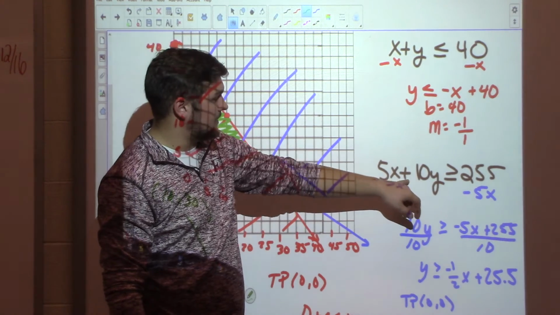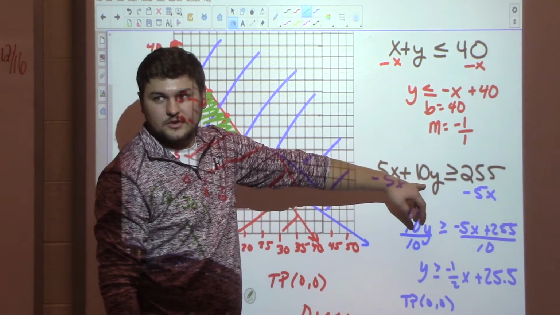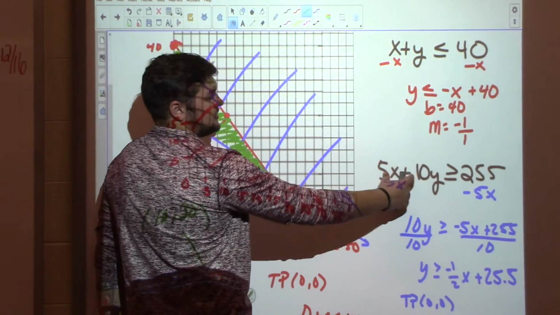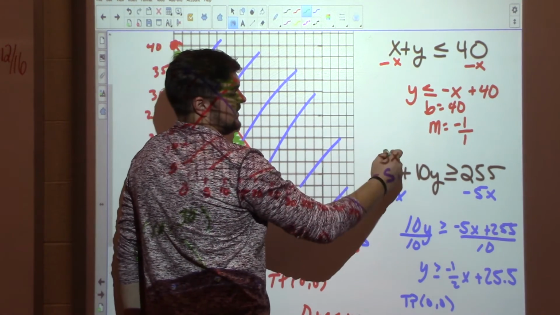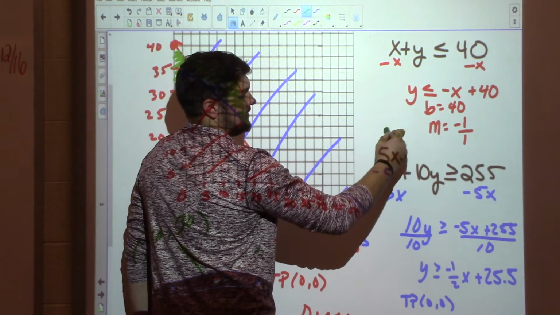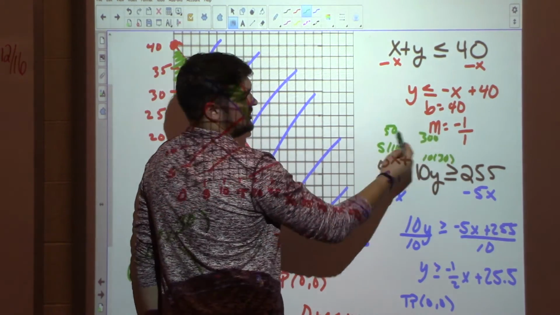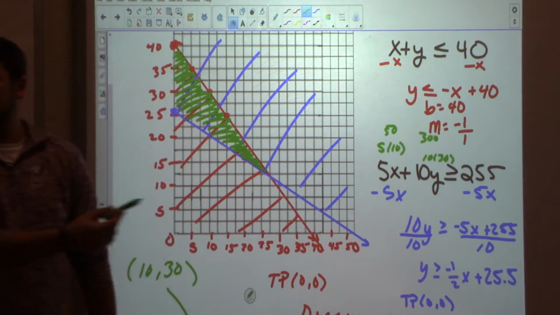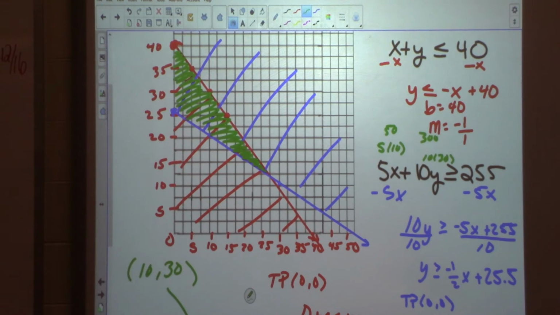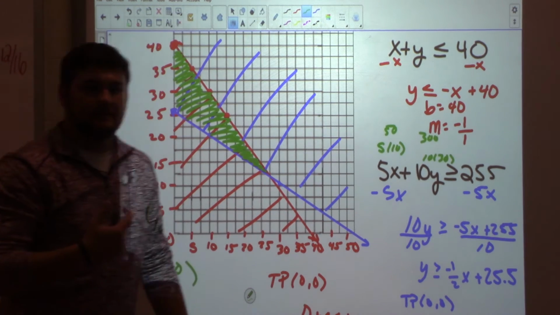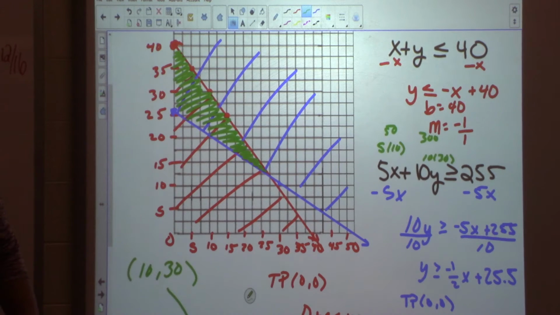It should be 50 plus 300 if you do 10 and 30. Yeah, I probably did something wrong. Because 5 times 10 gives me 50, and 10 times 30 gives me 300, so that gives me 350, which should work. So just be careful when you plug them into your calculator, make sure you put them in correctly. Any other questions?